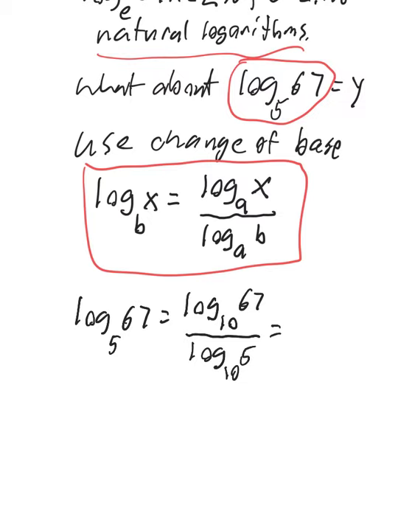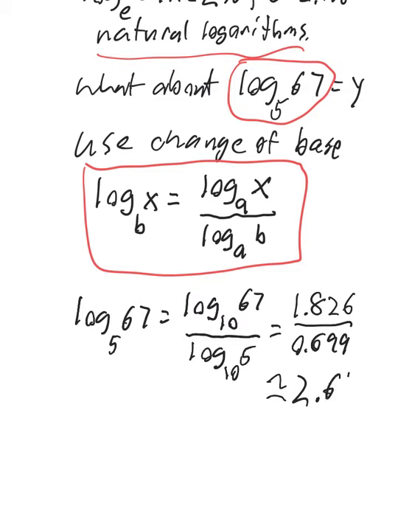Log base 10 of 67 is 1.826. Log base 10 of 5 is 0.699. All right, so, and then if we do the division, 1.826 divided by 0.699, we get about 2.61.